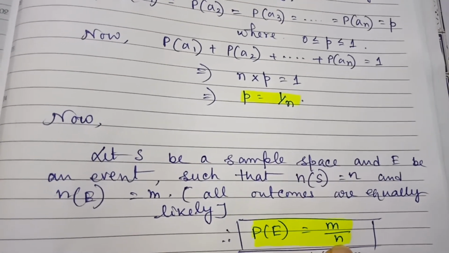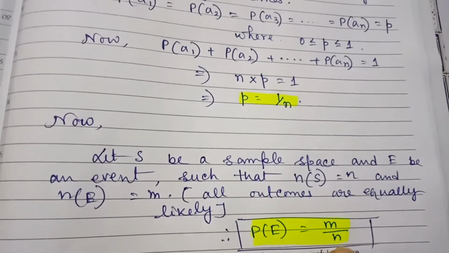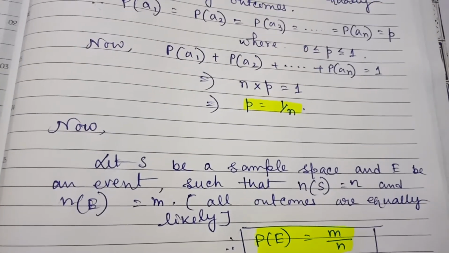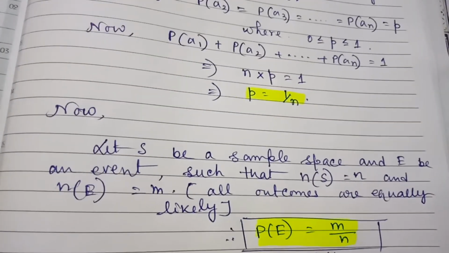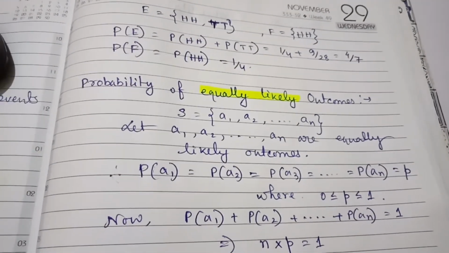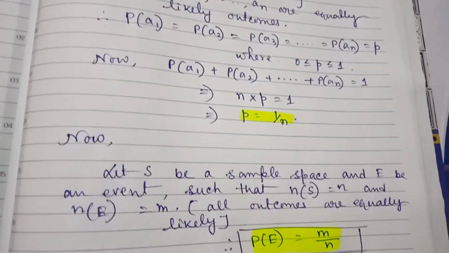So my dear students, I hope everybody now understood how we got the classical approach to probability from this theory. I hope you all have a clear idea up to this and there will be no confusion.